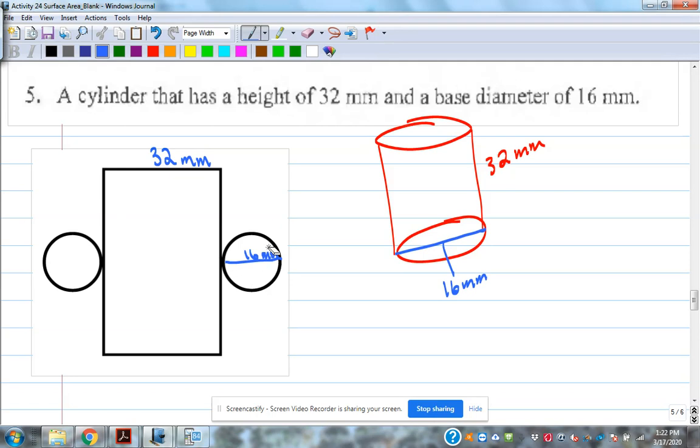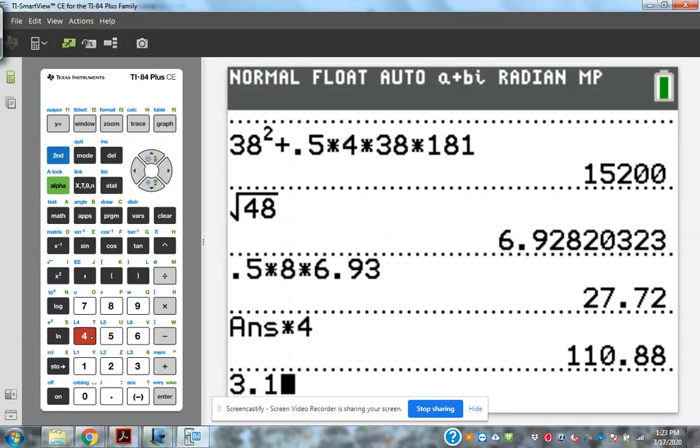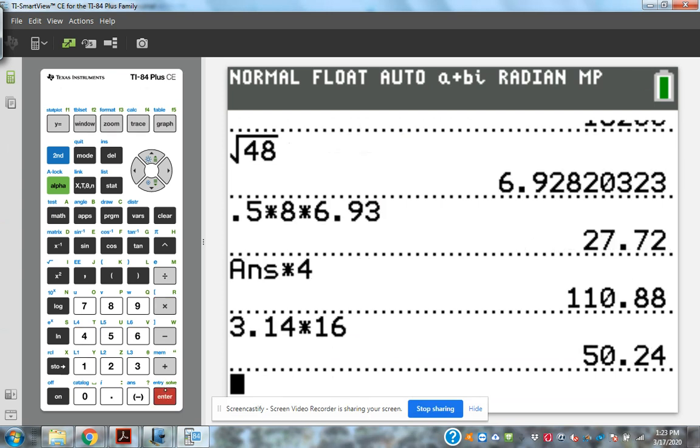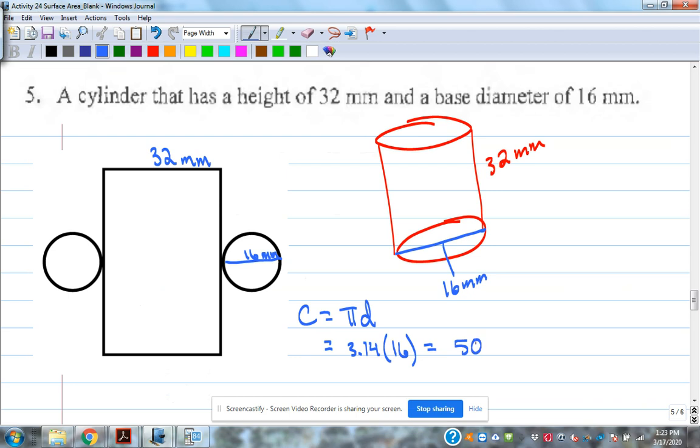So what's the outside edge of the circle? The length of that is called the circumference of the circle. So one thing we've got to find is the circumference of the circle. So circumference is pi times diameter. So that's easy to do. 3.14 times the diameter is 16. 3.14 times 16. 50.24 millimeters.